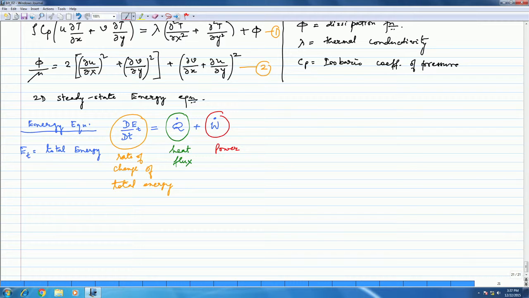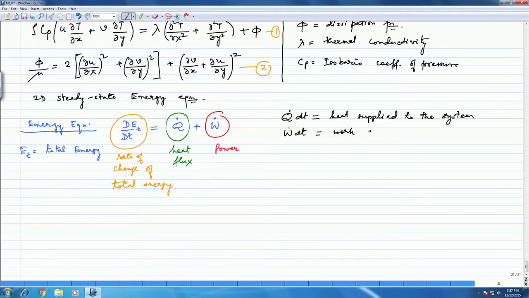Of course, the way I write this, I could actually write Q dot dt. This is equal to heat supplied to the system, right? And this should be work done on the system, isn't it?